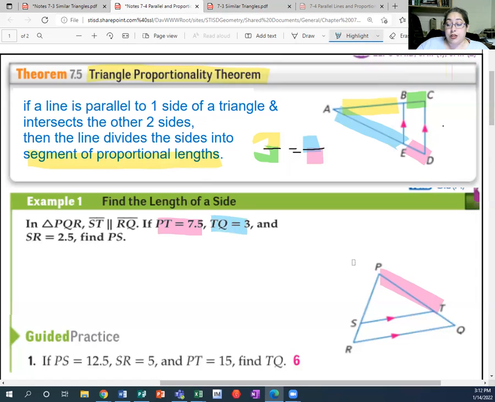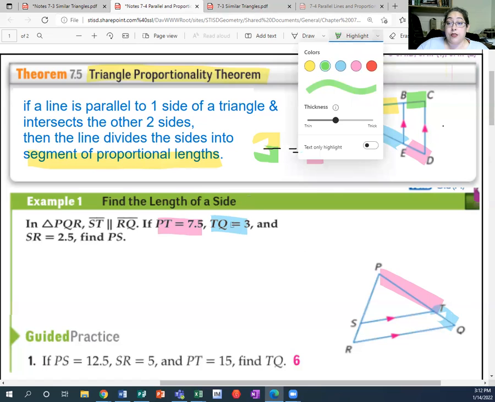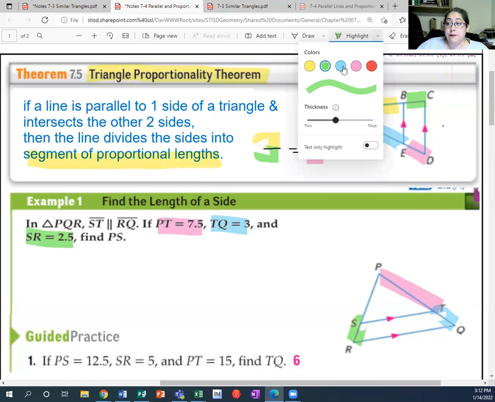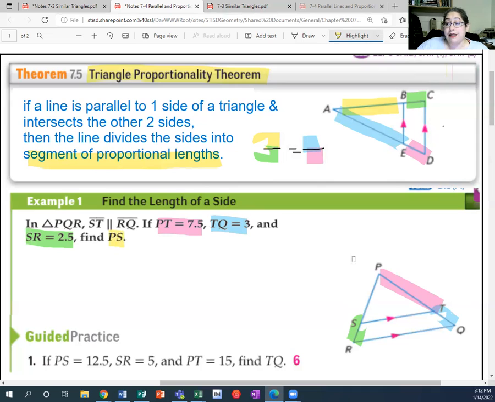They've given me information on TQ, so I'm going to highlight that in a different color. They've given me information on SR, so I'm going to highlight that to make it easy to see. And then they want me to find PS, so I'm going to highlight that with my fourth color so that I can set up fractions and ratios that look like the example I have in my theorem.